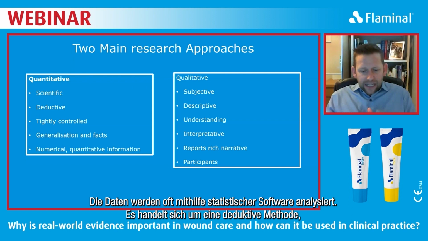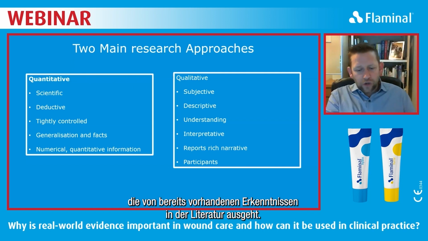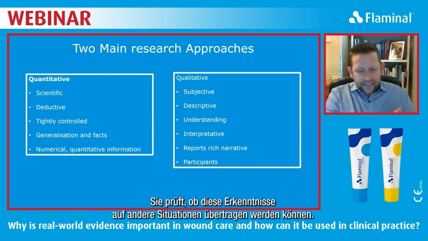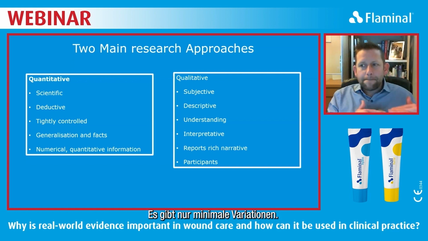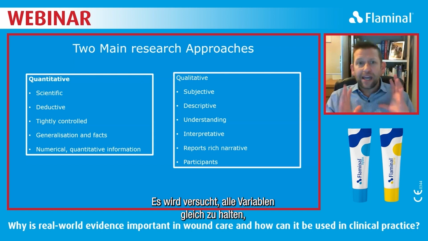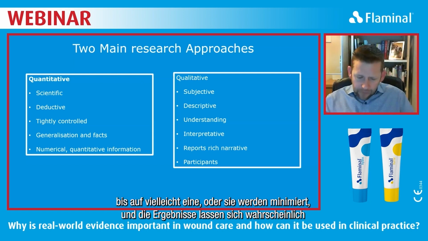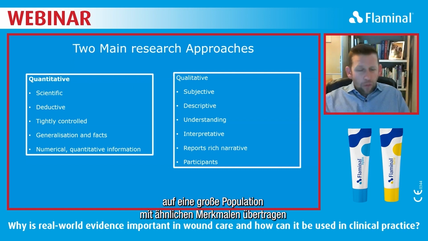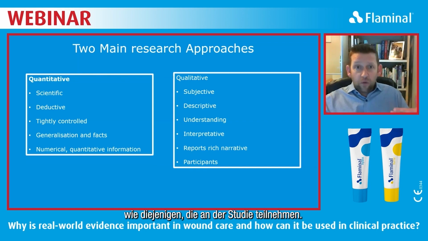It's deductive in its nature as it moves from what is known in the literature, and it tests applicability in other situations. We minimise variation, so we try and keep all the variables the same, apart from maybe one, or minimise them. And we can generalize it in that it's probably applicable to a large population with similar characteristics to those that are within the study.